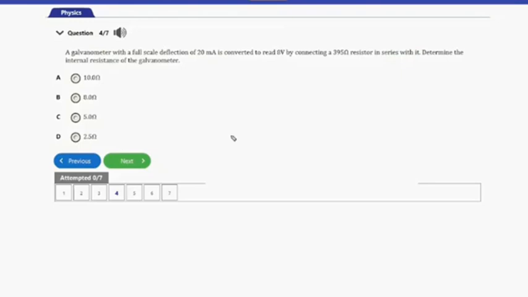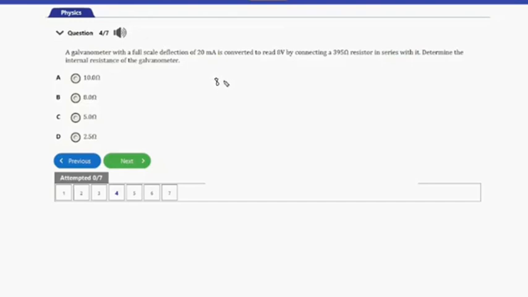Well, we know that V is equal to IR, and the voltage across here will be the sum of the voltages, that's IR for the galvanometer plus the IR for the external resistance. The voltage given to us here is 8 volts.